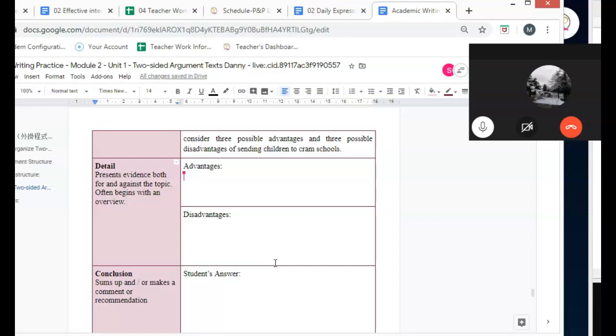So this is to sum up, right? Yes, to sum up the advantage and then disadvantage. And then you can do a conclusion. So same thing: what is the main thought, or in your own opinion, is it good or bad?